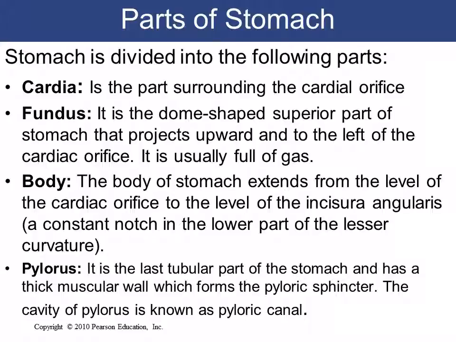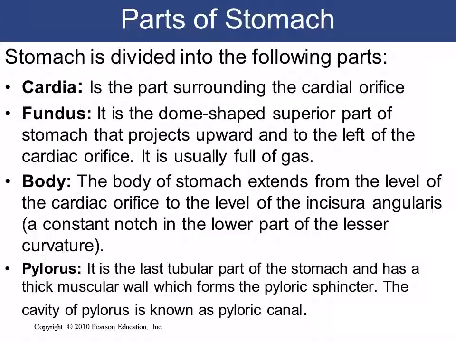The third part is the body of the stomach, which extends from the level of the cardiac orifice to the level of the incisura angularis, a constant notch in the lower part of the lesser curvature. And the pylorus is the last part of the stomach, a funnel-shaped outflow region.